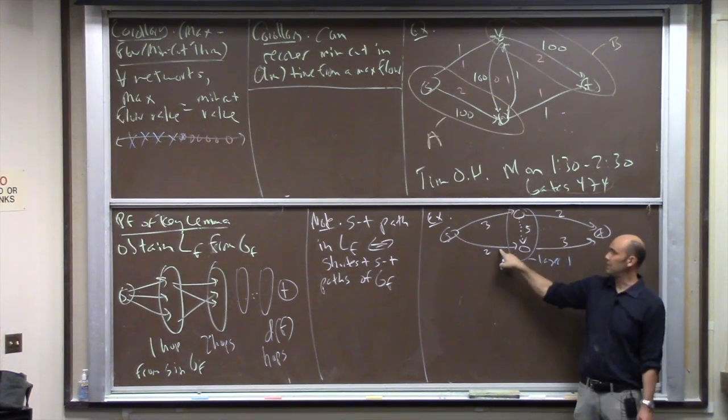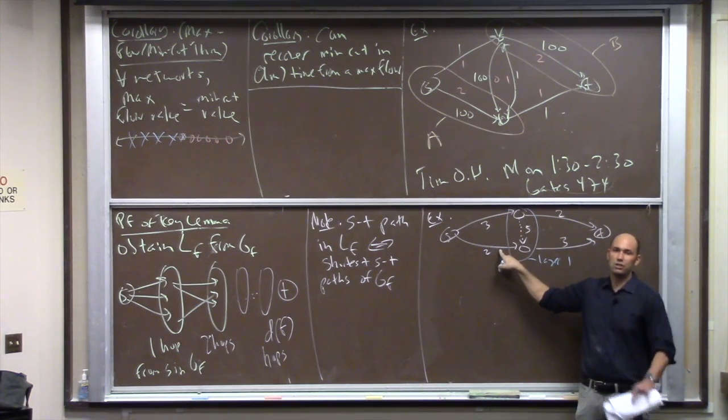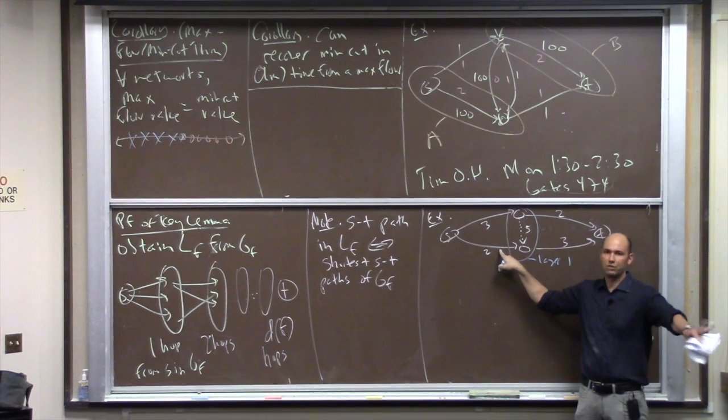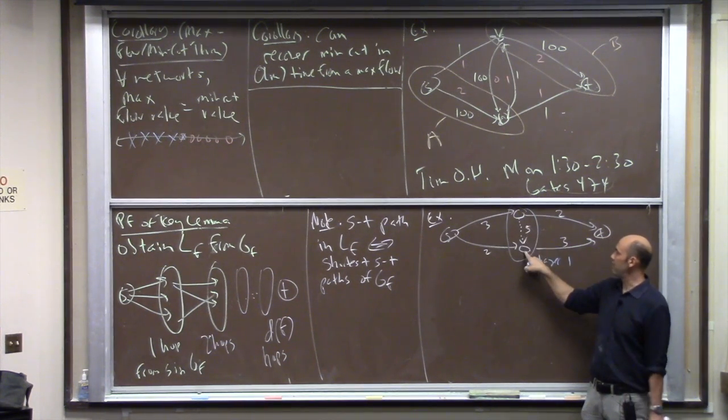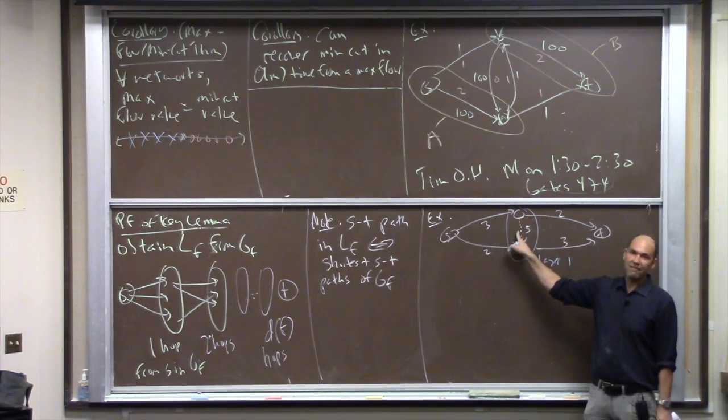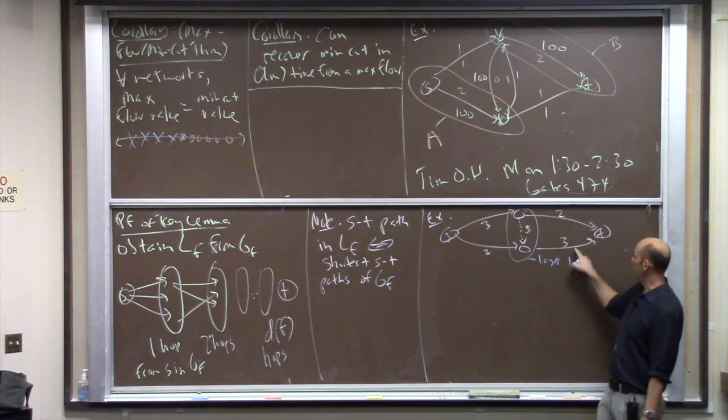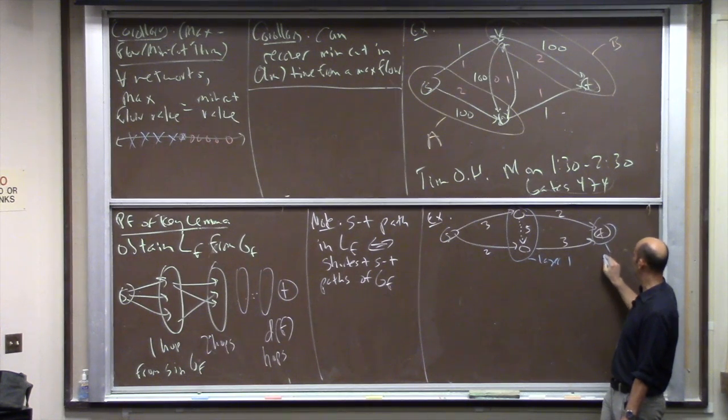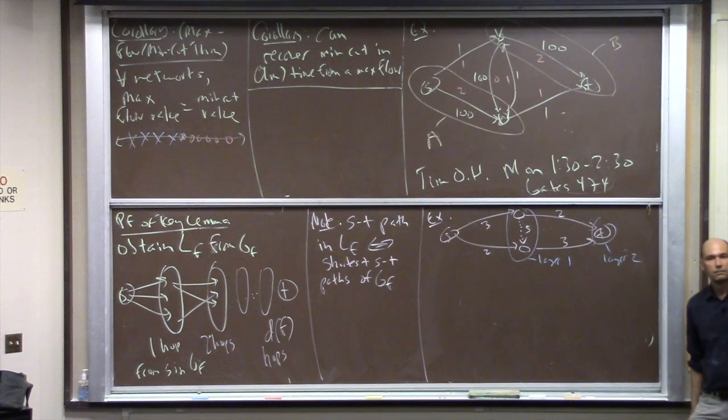Because you can get to each of these in one hop from S. So initially there's no flow, right? So the residual graph is just the original graph. So the first layer is these two. That means the 5 edge is a sideways edge, so it gets omitted from the layered graph. And then this is layer 2 here. Okay? So is everything clear so far? What the layers are and what's in and what's not in the layered graph?